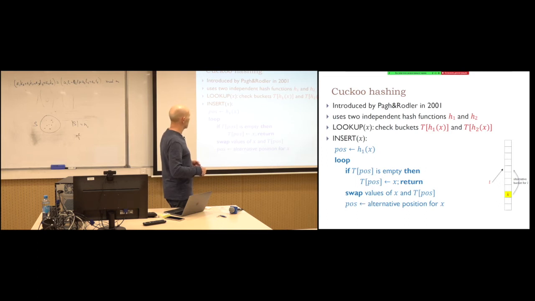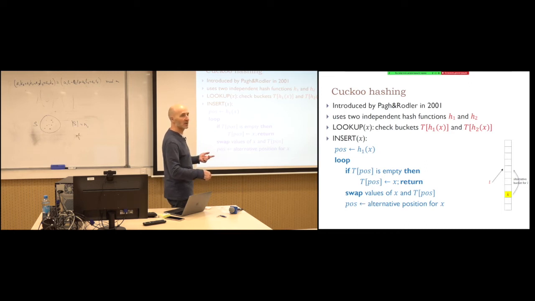If not, then we swap x with the content of the bucket. So x becomes the key that was in this bucket, and then we look up an alternative position of x, right? The alternative position is easy to find, because we have the two functions, so we know if this was the first or the second.